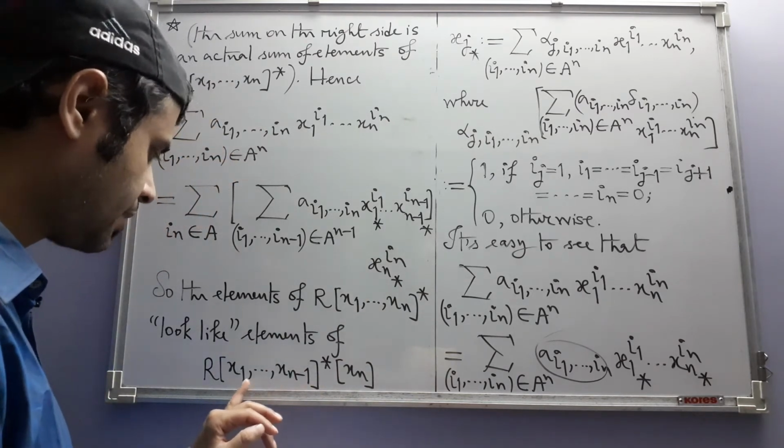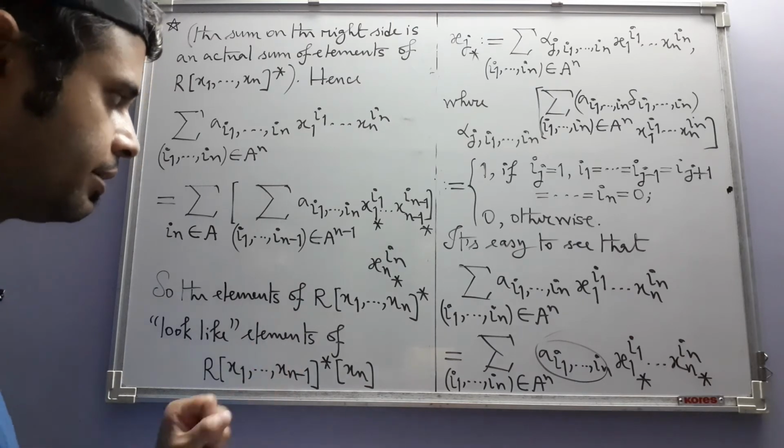Actually I should write x1 star through xn star, but you get the point.